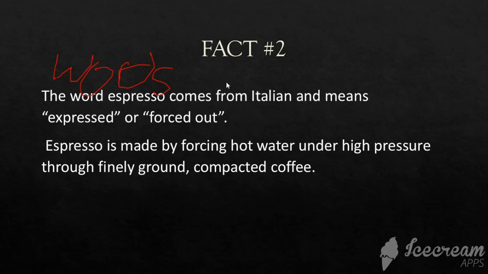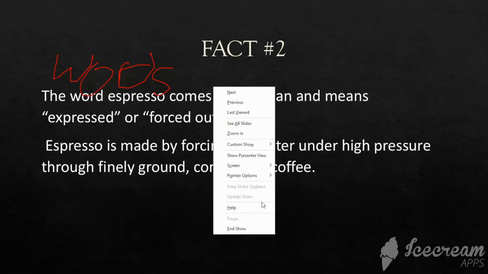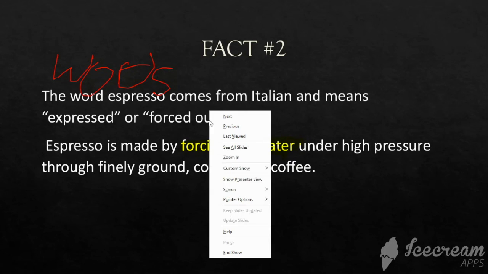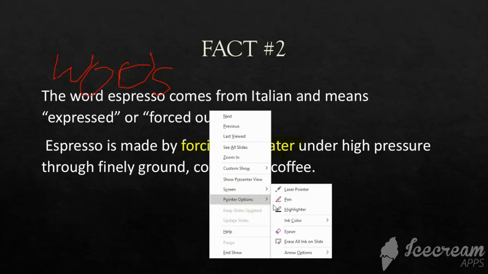Highlighter allows you to draw with thick pen. Ink color allows you to change the color of your drawing tool.